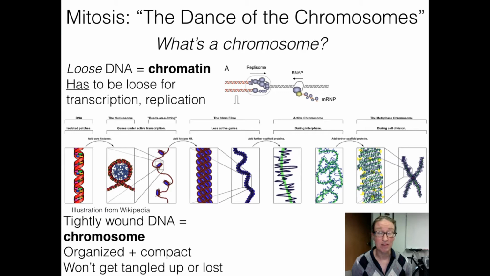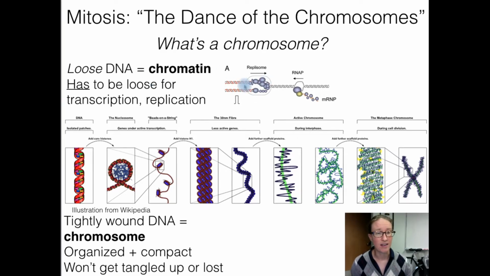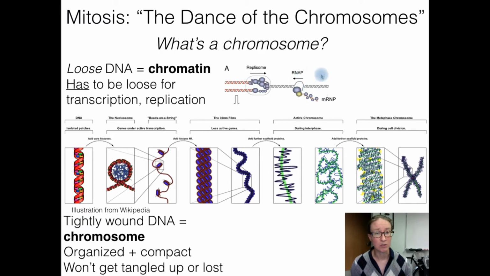And DNA has to be loose in order for processes such as transcription and replication to take place, because the proteins that engage in transcription and replication need access to individual strands of DNA. So if the DNA were wound up, then the proteins could not actually access the DNA.